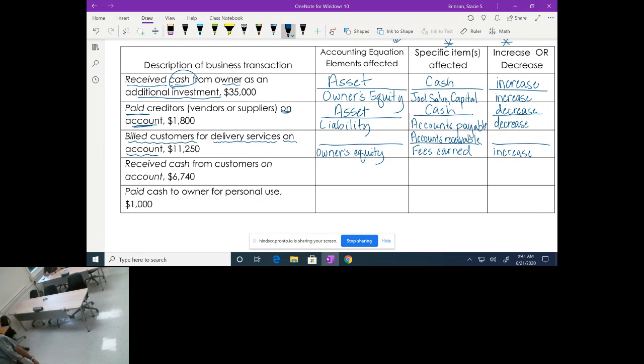Accounts payable is a liability because the business owes somebody. It's a debt. Accounts receivable is an asset because you've got a right to collect cash. You don't have the cash yet, but you have a right to collect cash, and that's worth something. It will ultimately be cash. Does that make sense? Okay. So it's an asset, and it is increasing as well.